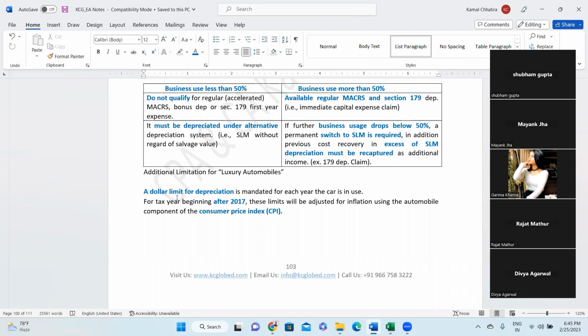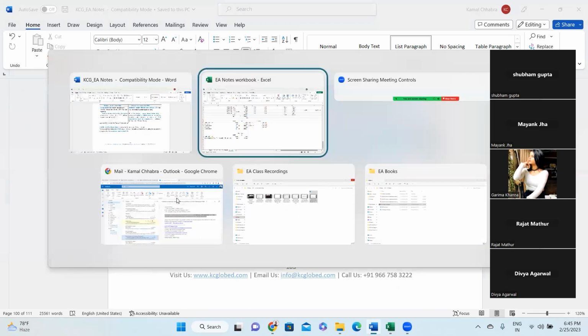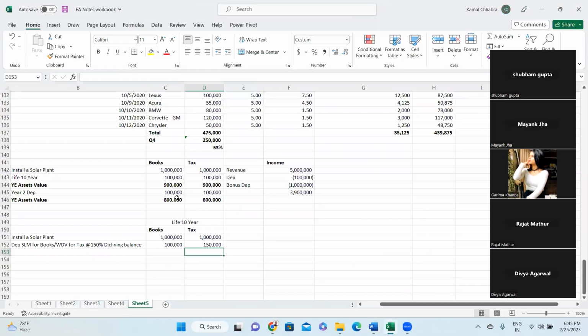If you recapture the early depreciation, it is on a pro rata basis, right? So I'll show you an example. Let's assume in this example, in year 1, you have a $1 million truck, right? For that in year 1, you charge 150,000 depreciation based on MACRS. And now in year 2, you are using it less than 50%.